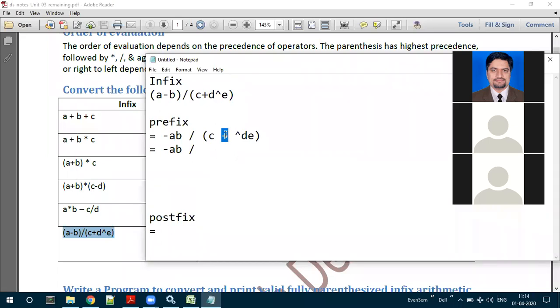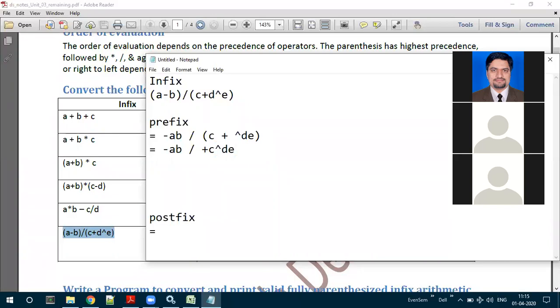What are the two operands for this? The first one is C and the second one is the power operator with D and E. These three characters are treated as one operand for addition. So to convert into a prefix, first the operator appears, followed by the first operand, and then the second operand, that is power D E.